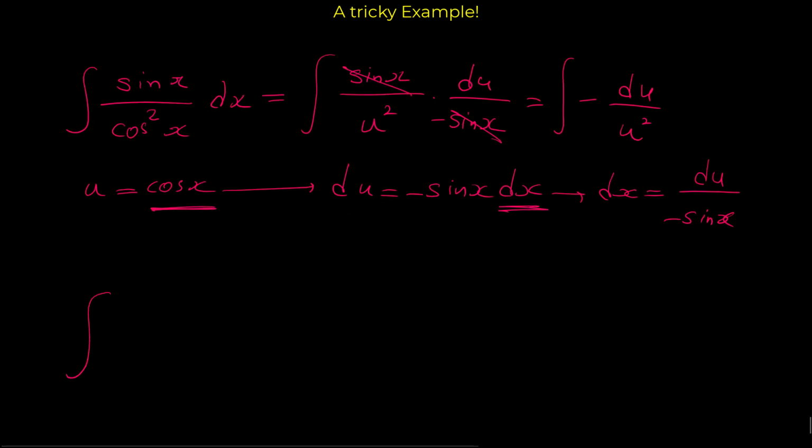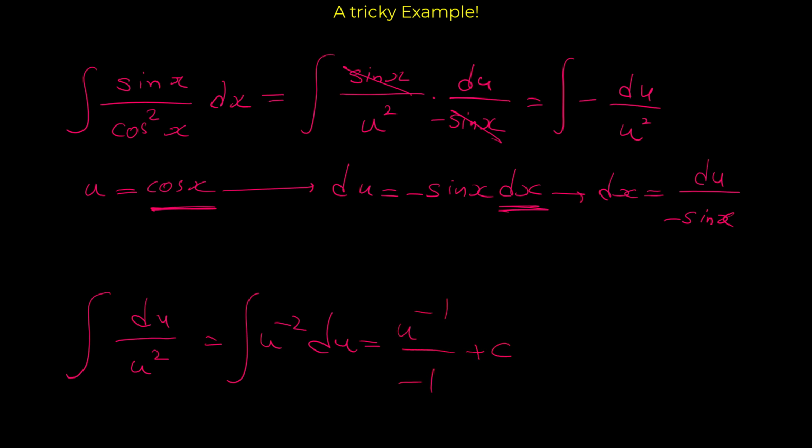Integral of du over u squared is basically integral of u to the negative 2 du. We move u squared to the numerator. And this can be written as u to the negative 1 over negative 1 plus c. We integrate with the power rule and we got this. And this is basically negative 1 over u. So integral of du over u squared is negative 1 over u.